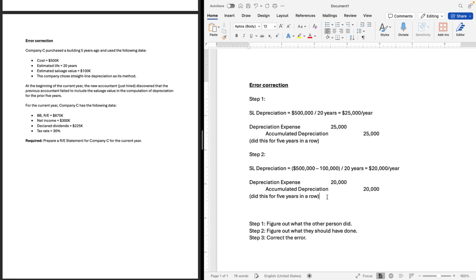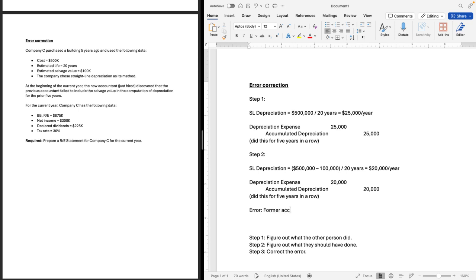So the error was the former accountant put $5,000 too much into depreciation expense each year. And this was for 5 years.